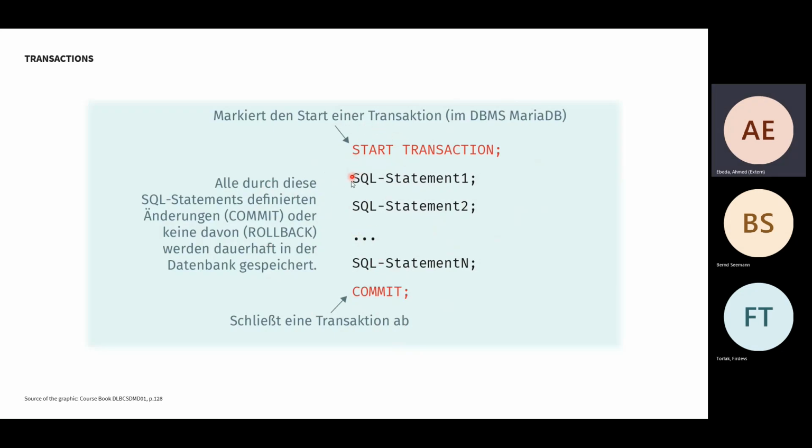From statement 1 till statement n should happen together, or not happen, like rollback. If any problem happens in between, all these statements will be rolled back. If we reach this commit, it means all these statements are committed, and their impact happens.